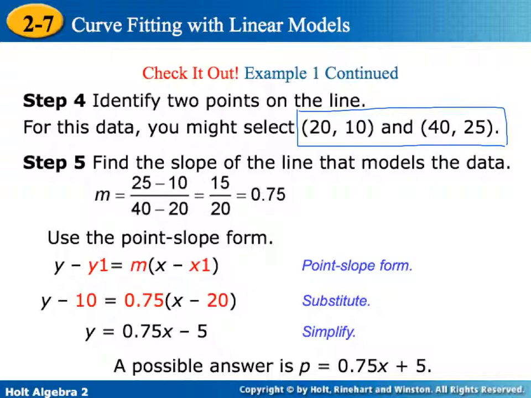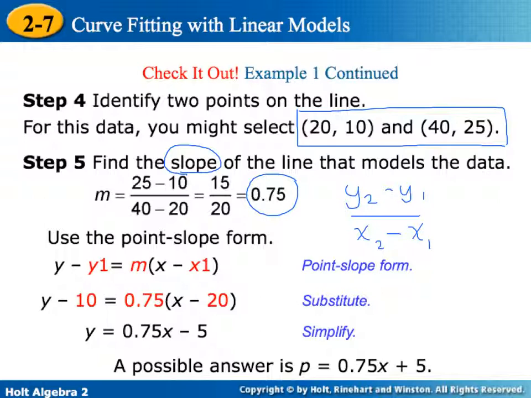The first thing we always find when we're fitting a line to data is the slope of the line. And we do that by using the slope formula that we've learned previously: the change in the y's over the change in the x's. And that's what I've done here. So I've determined that my slope is equal to about 0.75.